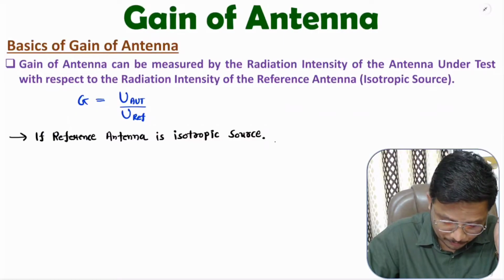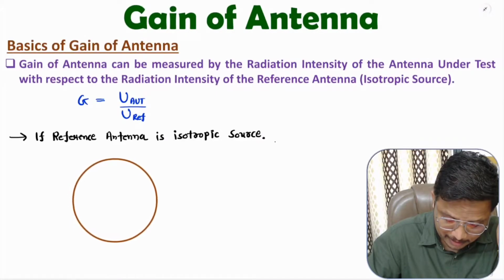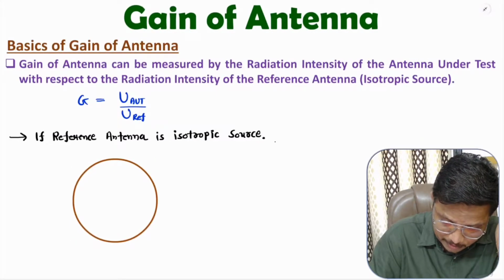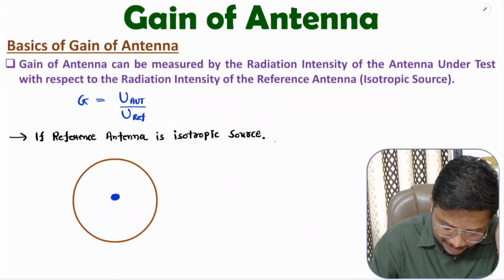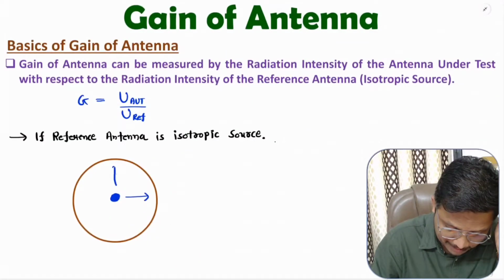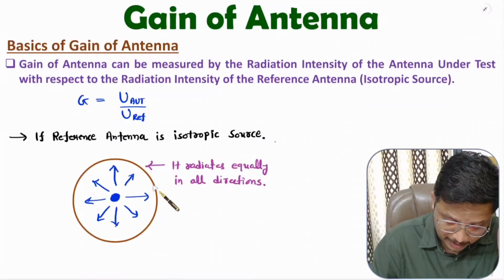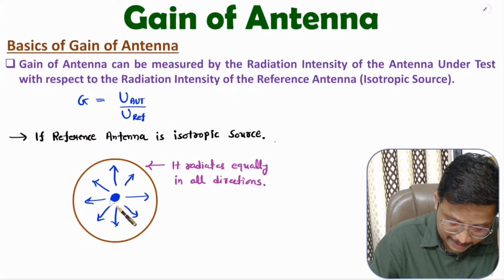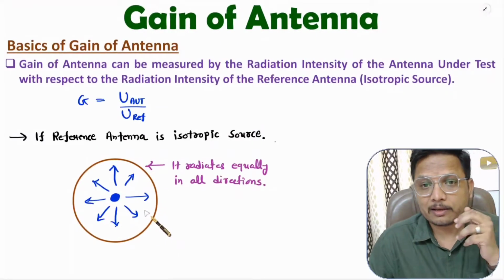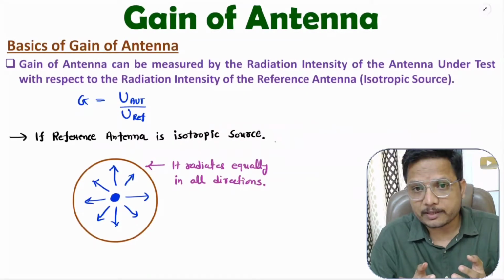Let me explain how. With an isotropic source, you will observe that equal radiation happens in all directions. So an isotropic source radiates equally in all directions, and you will observe the radiation pattern will be a sphere, right?